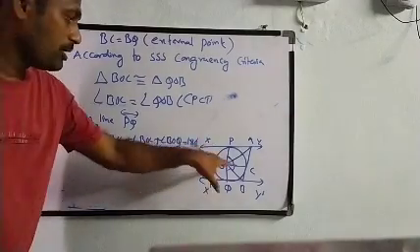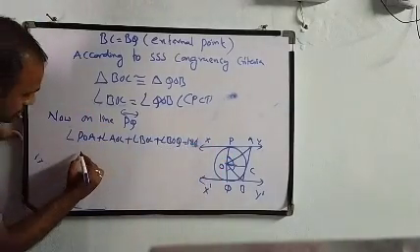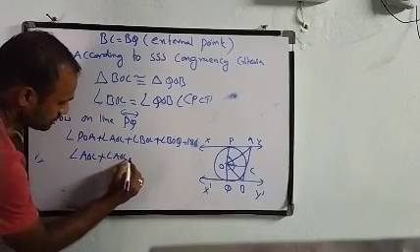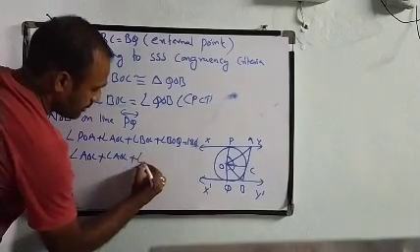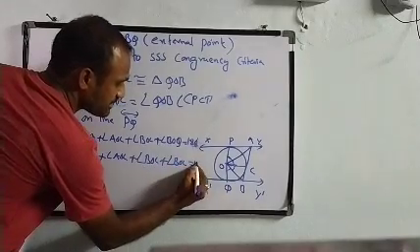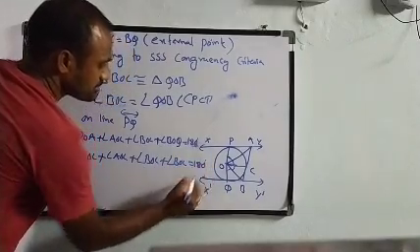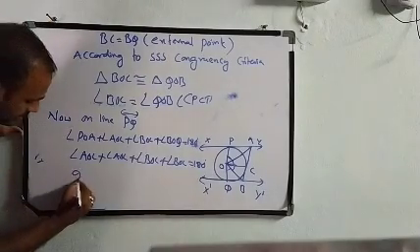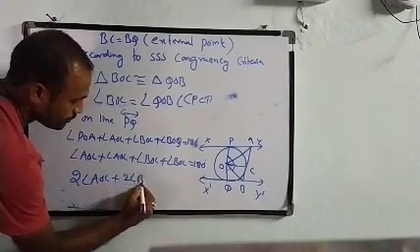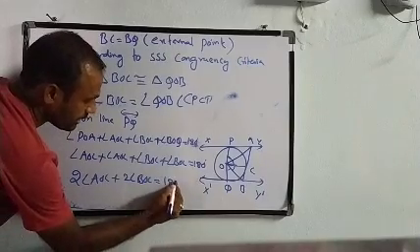So angle POA and angle AOC both are equal. So I will write angle AOC plus angle AOC plus angle BOC, and here also angle BOC, is equal to 180 degrees. So I can write 2 times angle AOC plus 2 times angle BOC is equal to 180.